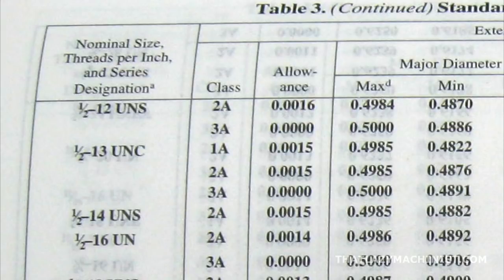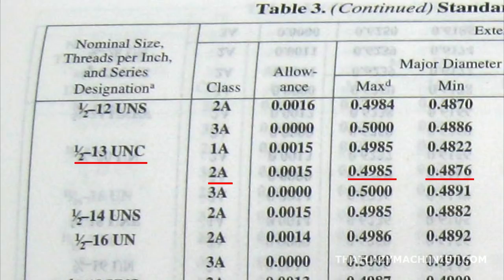If we look in the handbook, we can see that for a 1/2 inch 13 UNC class 2A thread, our major diameter is somewhere between 498 thousandths of an inch and 487 thousandths of an inch.